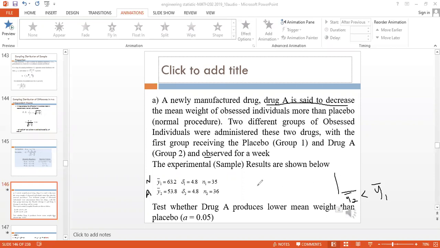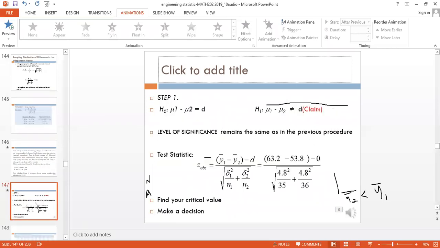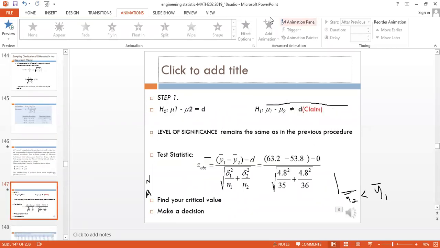If that is so, then one of our hypotheses is going to be, let's move on. Okay. So we are saying that mu2, which is for drug A, the average for drug A, should be less than the average for the normal procedure.